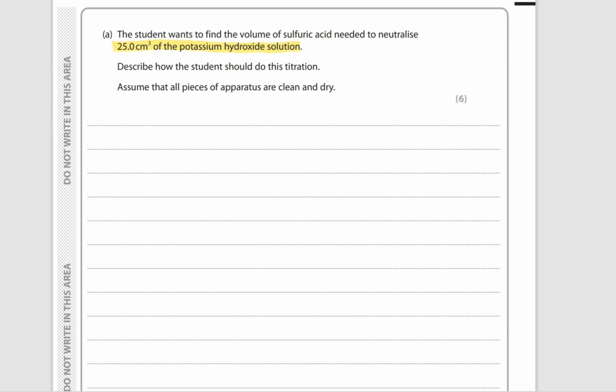I'm going to just write down the answer. So the entire answer is: the student should use a pipette to transfer exactly 25 centimeter cube of potassium hydroxide, KOH, to the conical flask.